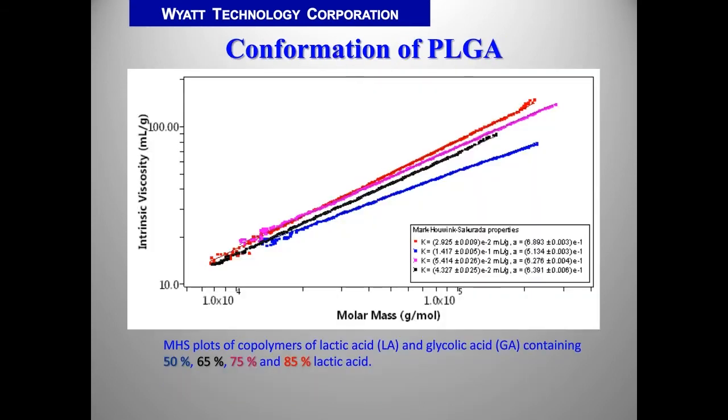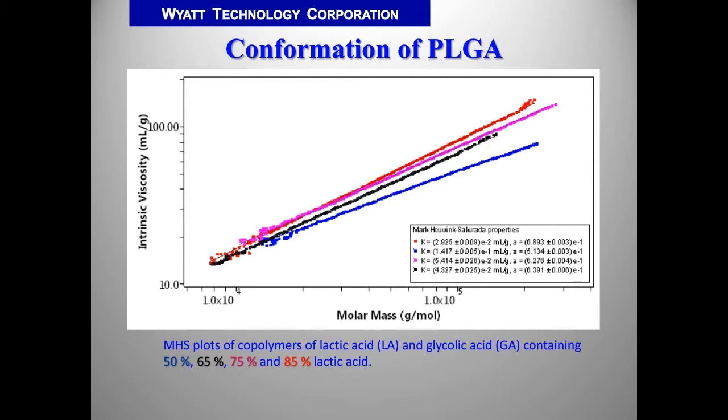The next slide shows Mark-Houwink-Sakurada plots for copolymers of lactic acid and glycolic acid. These materials are used in the pharmaceutical industry as drug delivery systems and also for manufacturing various medical devices.